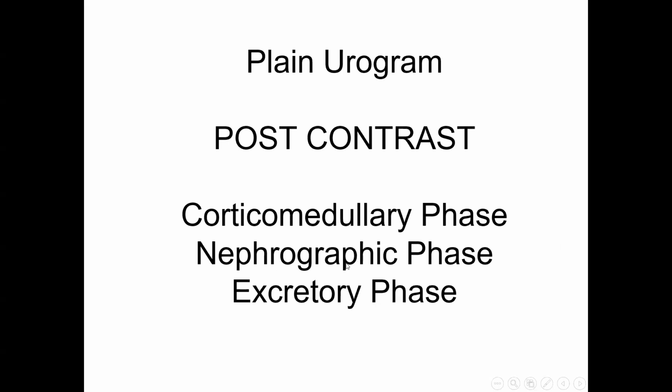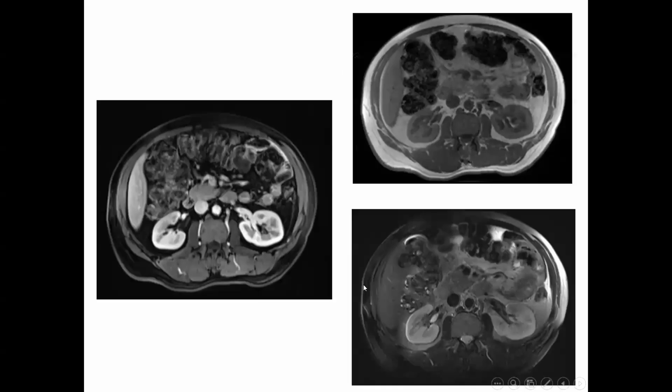Nephrographic phase is the later stage, after 90 seconds of injection of contrast. And excretory phase, I've said, is the delayed phase after 5 or 10 minutes, where you are trying to evaluate the collecting system. Same information you can also get in MR, the corticomedullary phase and the nephrographic phase, but the contrast is going to be gadolinium. The same thing applies also for MR.